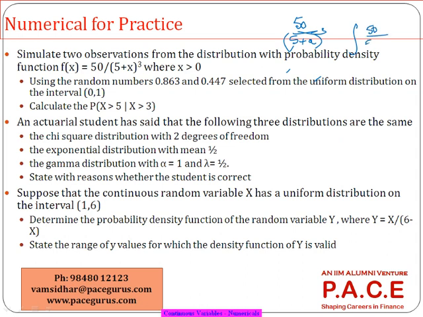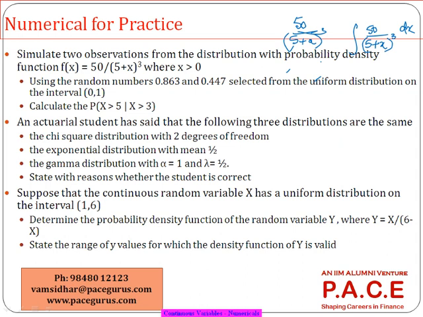50 by (5 plus x) whole cube. I have to integrate this, and this integration will actually give me the value for the distribution function, and whatever the integration of this is, I will equate it to the random variable.